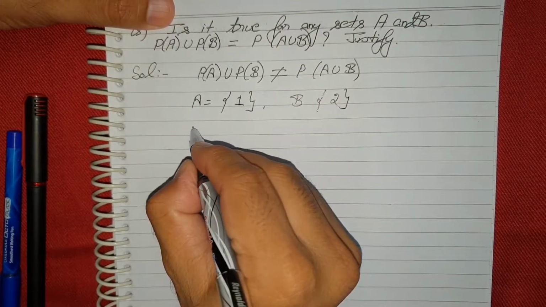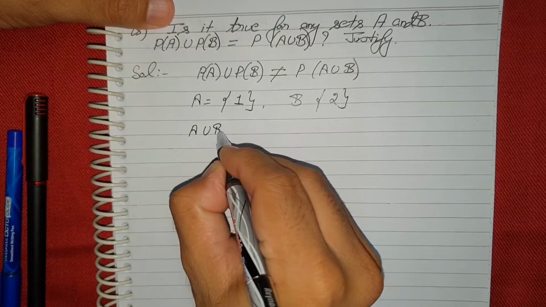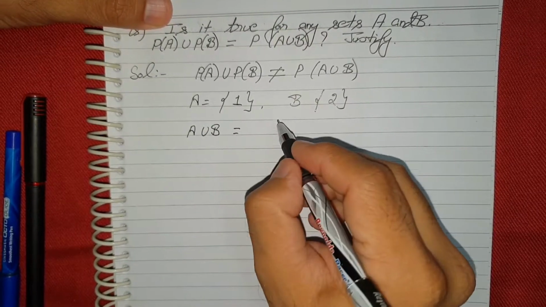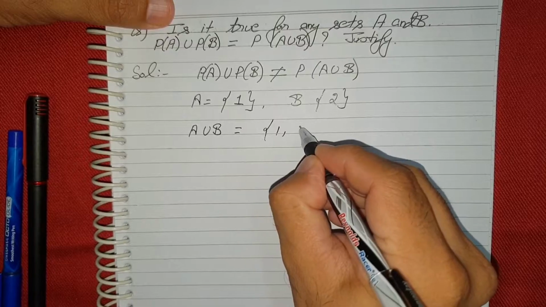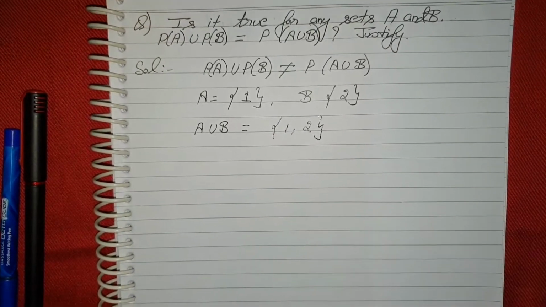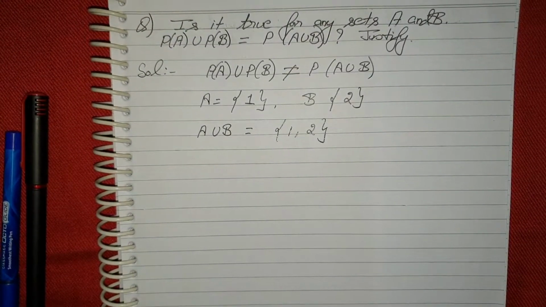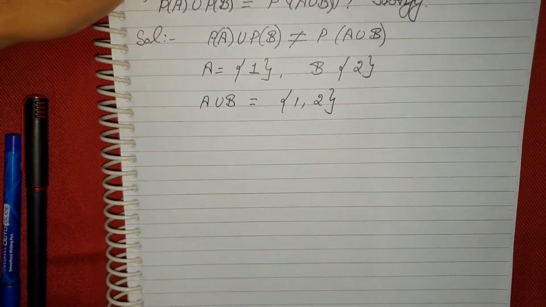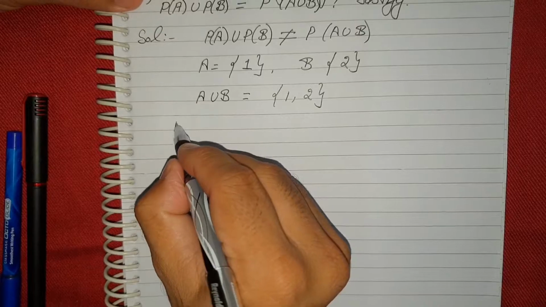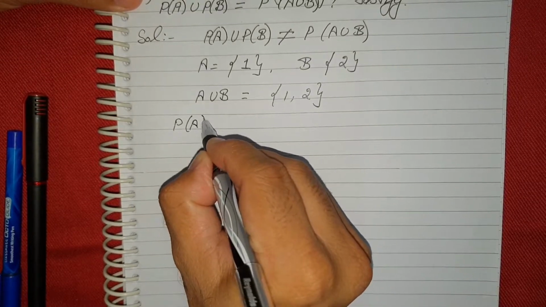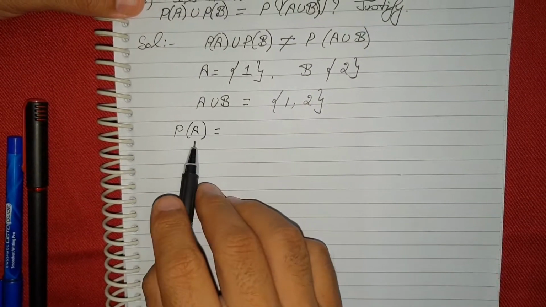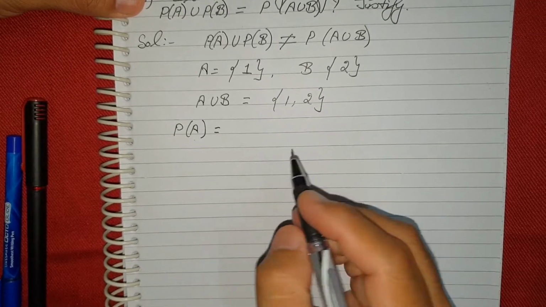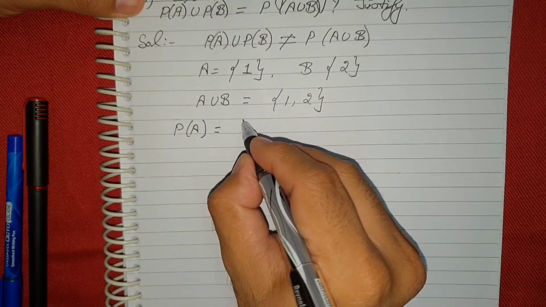Now we have A, B. We can write A union B. A union B will be {1, 2}. Now you have to write separately. See, what will be PA? We know that this is a power set containing all the subsets of any set.